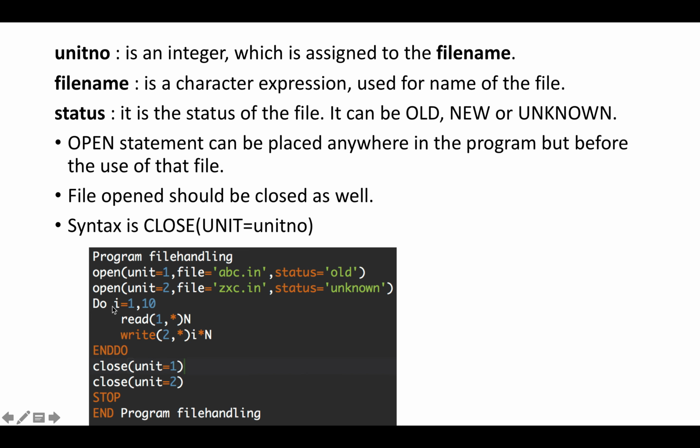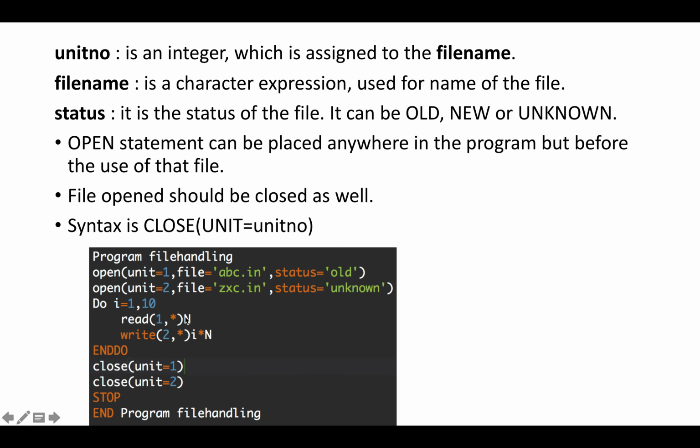Then for reading from the file, I know the number of lines in this file, so for reading each line I use an explicit do loop: do I from 1 to 10, read from 1. Now in place of the star, I use the unit number assigned to that file, which is 1. Read from 1, how? Unformatted, or not formatted by the user.